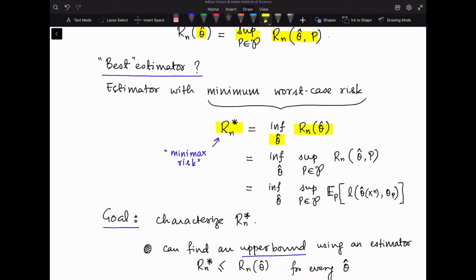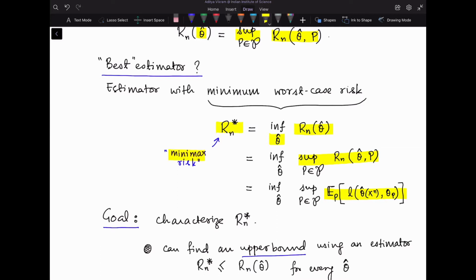And what is the worst case risk? It's the maximum over all the risks corresponding to distribution P. Again, we can expand the risk as this expected loss between what you estimate and the actual parameter. Now this R_n star is called the minimax risk.